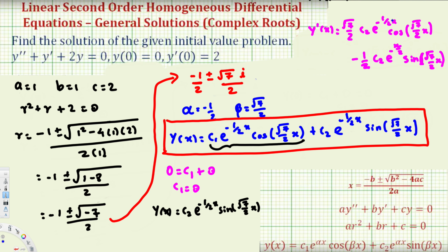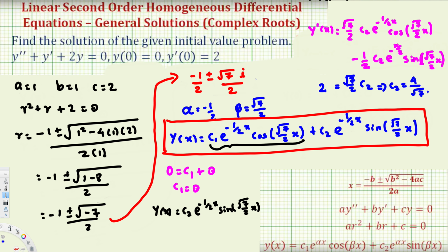The e power 0 is going to be 1, and here cos 0 is also 1. So y prime of 0 is equal to 2. Let's plug that in: 2 is equal to square root of 7 divided by 2 times c2. From this we know that c2 is going to be 4 over square root of 7. So this is our c2 value.